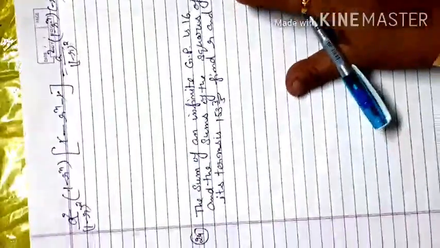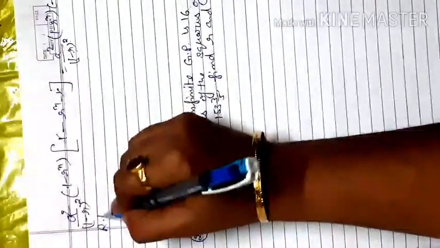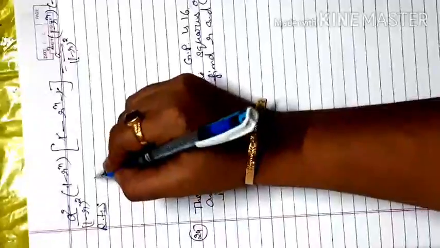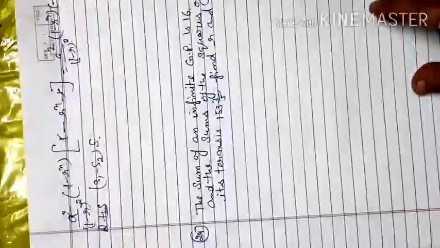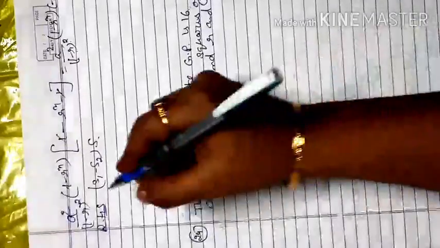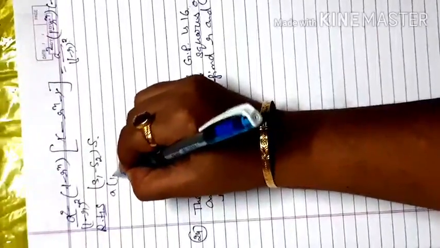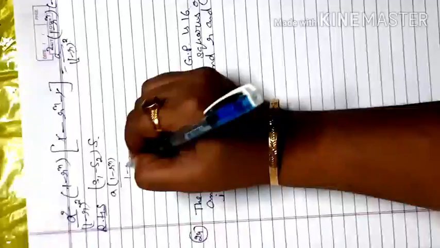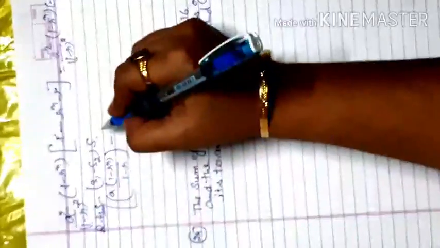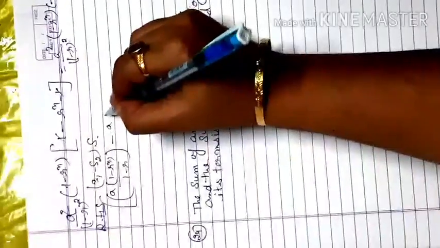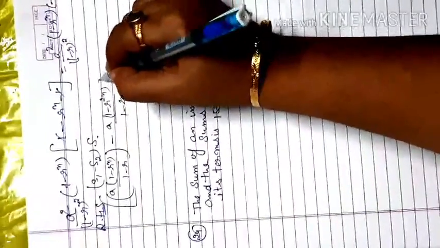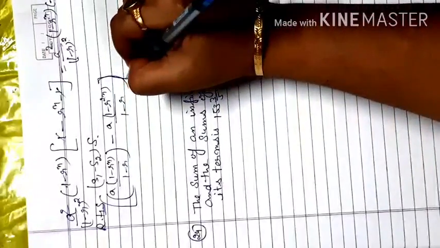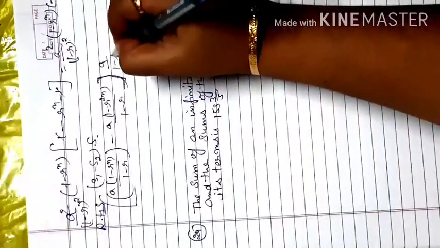Now we have to move to the right hand side. In the right hand side your statement is S1 minus S2 and S. So your S1 value is a(1 minus r^n) upon 1 minus r. Your S2 value is a(1 minus r^2n) upon 1 minus r, and outside your S value is a upon 1 minus r.